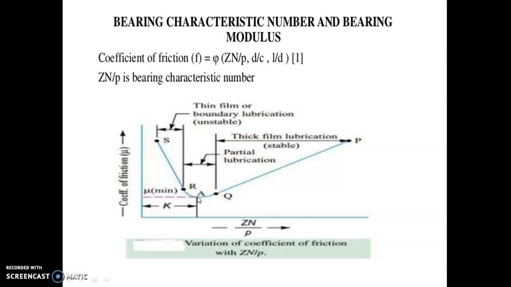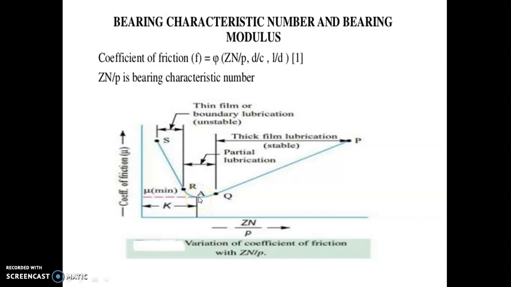The point A is known as bearing modulus. It is the minimum value for coefficient of friction at this point. Now below this, that is bearing modulus, the bearing should not be operated because a slight decrease in the value of speed will make metal to metal contact, and there is damage to the bearing.